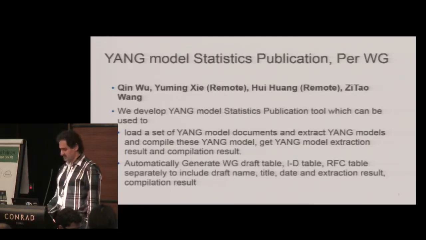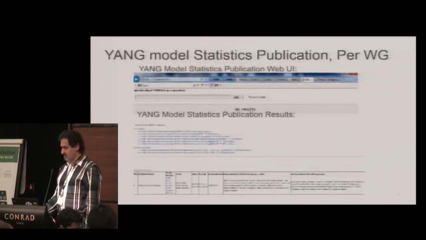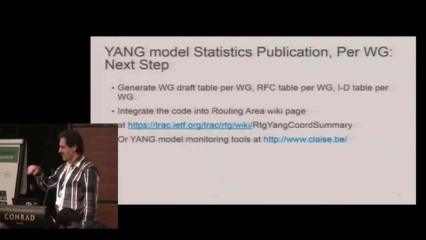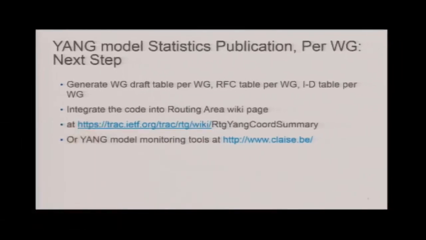Very useful as well. And again, it tells you about the compilation errors. The next step is that in the tracker, they want to add the link per working group. So pretty useful again. Again, this is in the middle of a code sprint and hackathon. I don't believe there's a difference in any way.